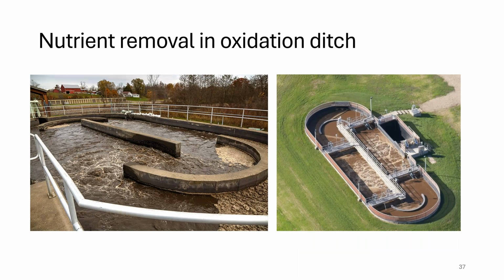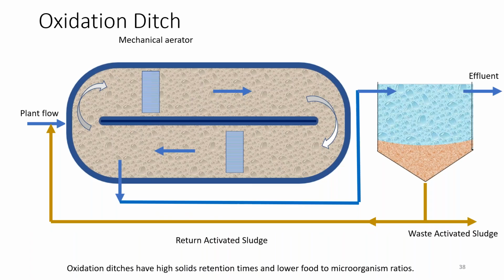Now, that's all we're going to say about the phosphorus right now. And we're going to look at some examples of how nutrient removal can be done in some different formats here. Here's an oxidation ditch, which is a form of extended aeration. The wastewater is aerated as it flows around what they call a racetrack here.